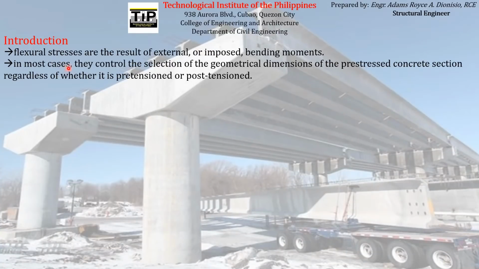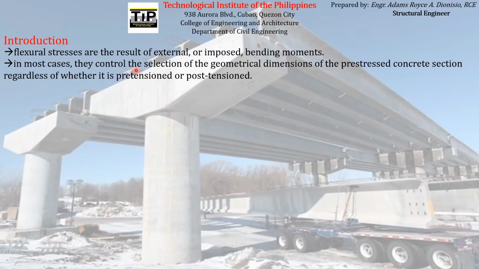In most cases, they control the selection of the geometrical dimensions of the prestressed concrete section, regardless of whether it is pretensioned or post-tensioned. So if we try to design flexural members, usually their design is being controlled by the flexural stresses that are being experienced by the element itself.